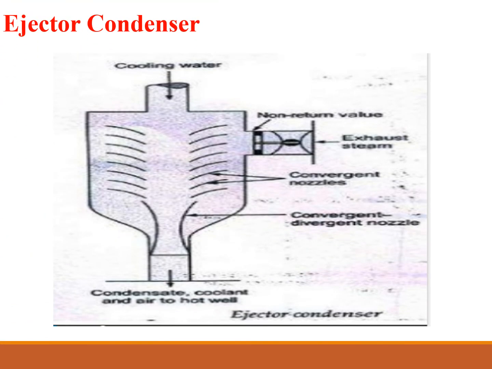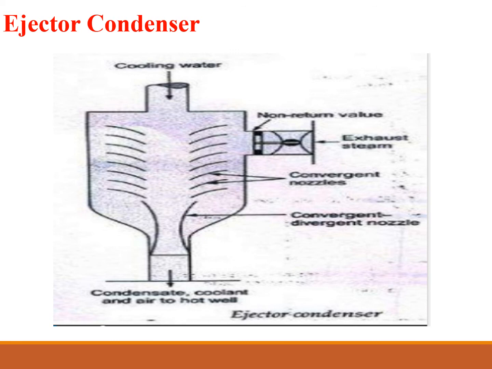Ejector condenser. The condenser consists of a central vertical tube in which a number of cone or convergent nozzles are fixed. From the figure, the exhaust steam enters at the right and surrounds this central tube, which has a number of steam ports.